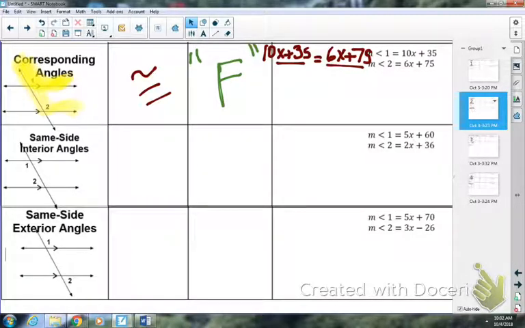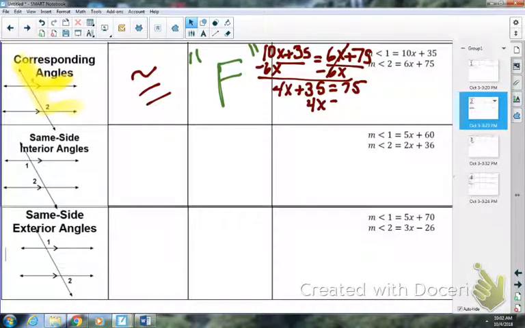So again, we're going to use our Algebra 1 skills to solve for x. The first thing I would do, most likely, is subtract 6x from each side. So we're going to have 4x plus 35 equals 75. If I continue solving for x here, we would subtract 35 from each side.